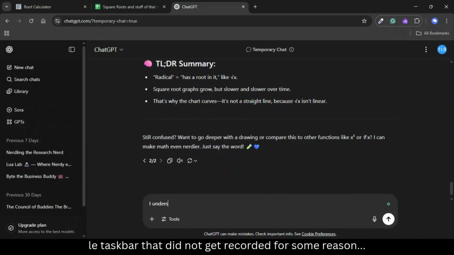I understand, but is there a way to predict, say, a random number without calculating it?